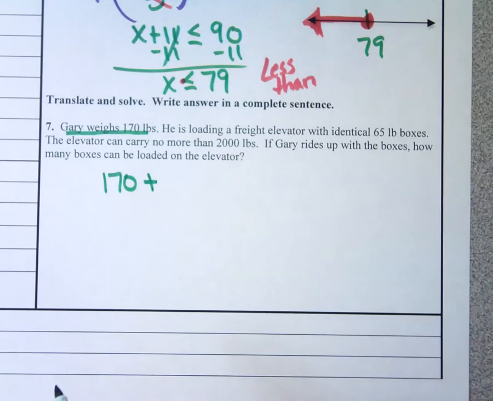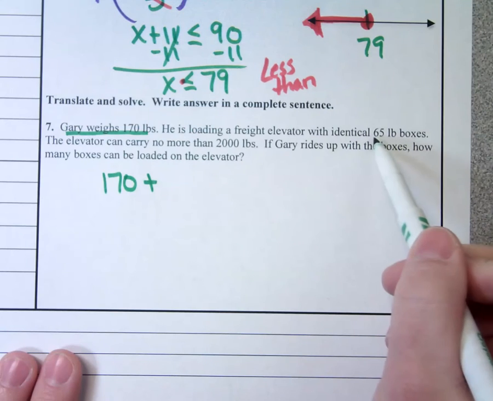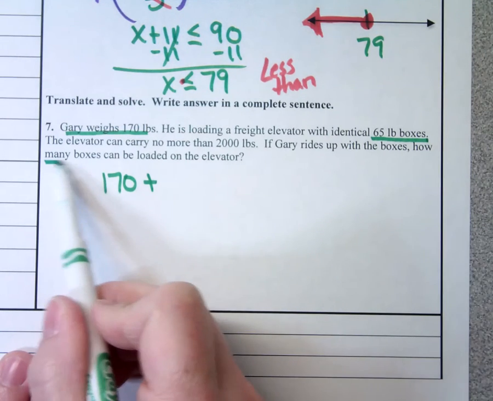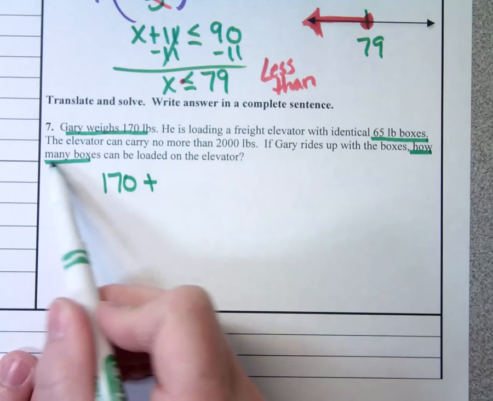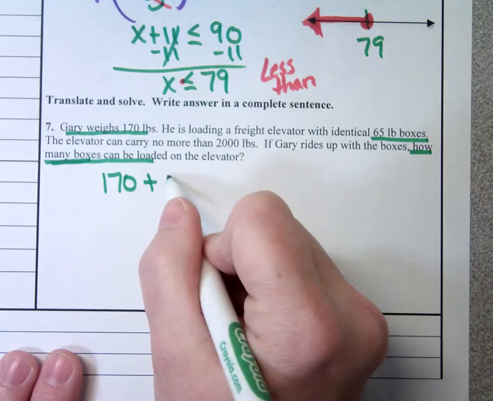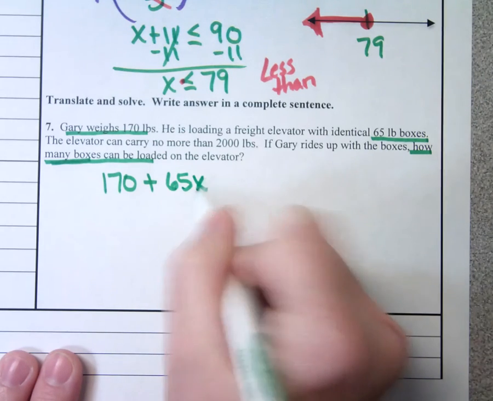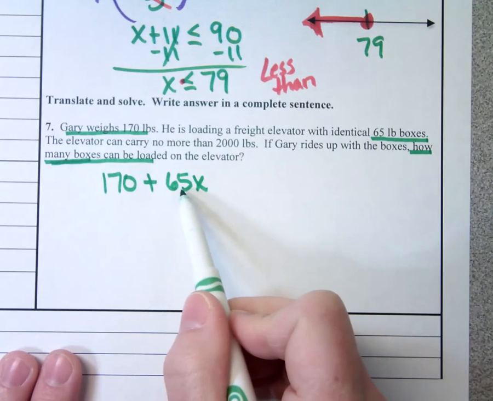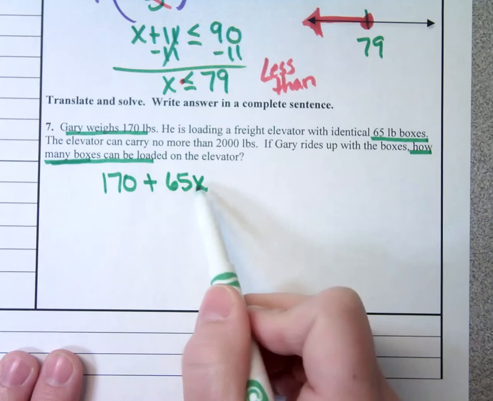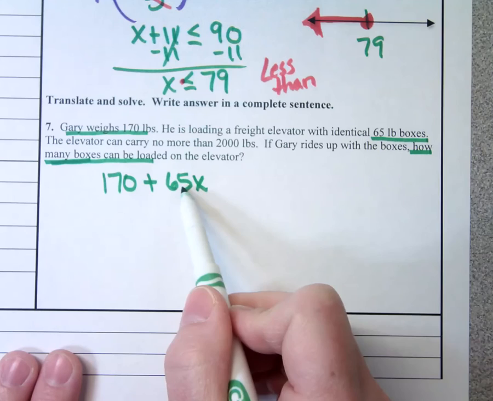Plus, he is carrying up identical 65-pound boxes. And I'm trying to figure out how many boxes he can take with him. So if each box is 65 pounds, then it's 65 times X, because every box is 65 pounds. So Gary weighs 170, plus every box he takes up is 65 pounds.